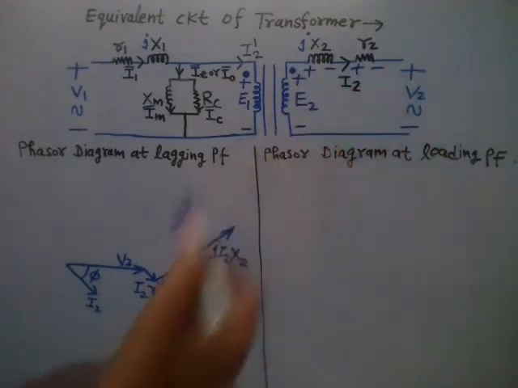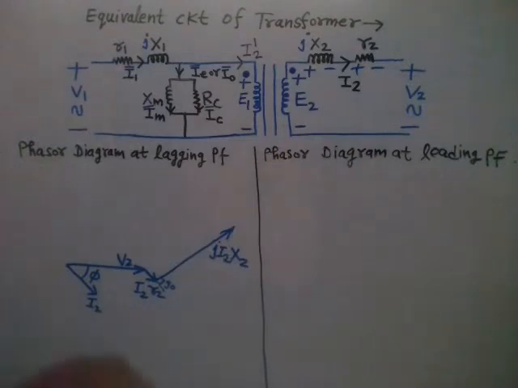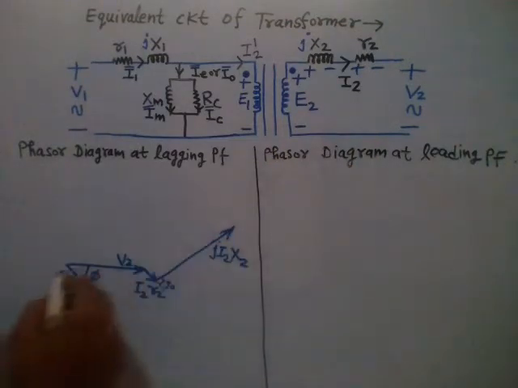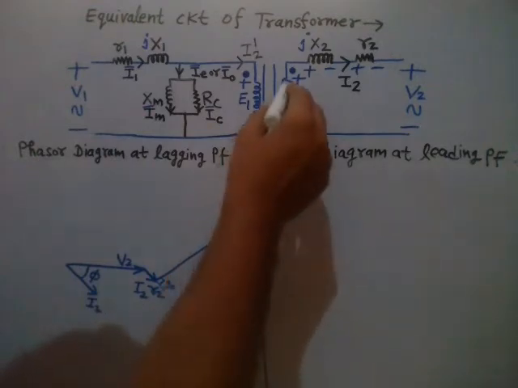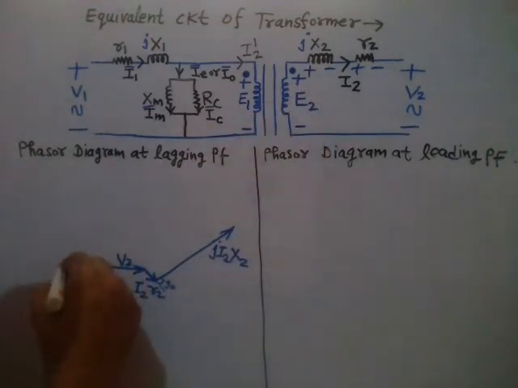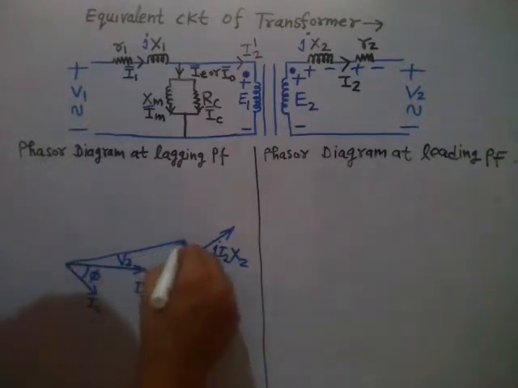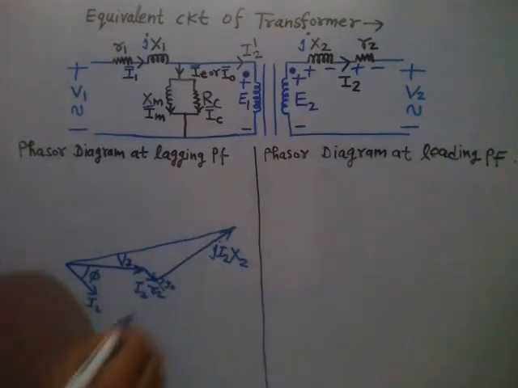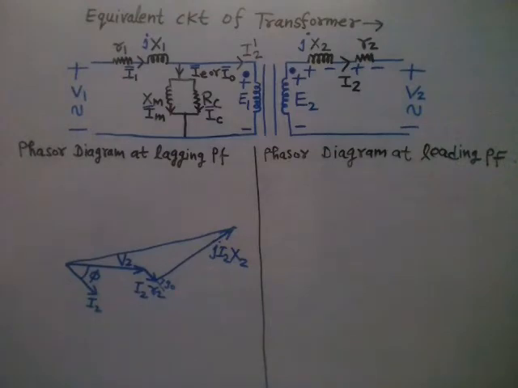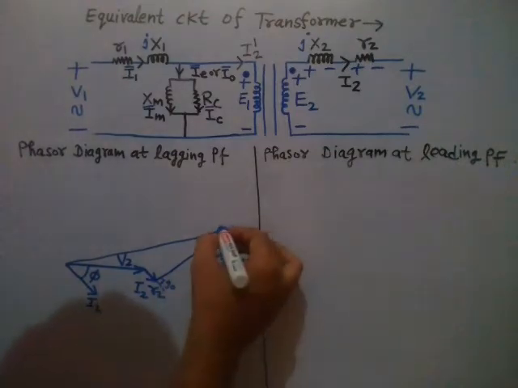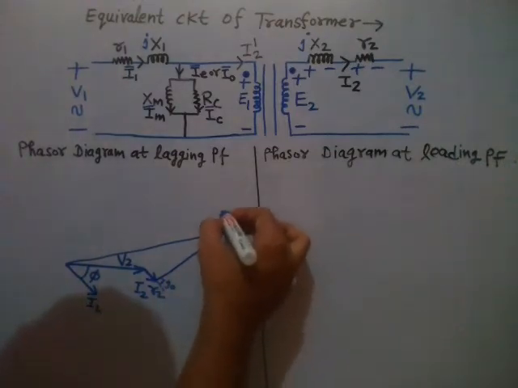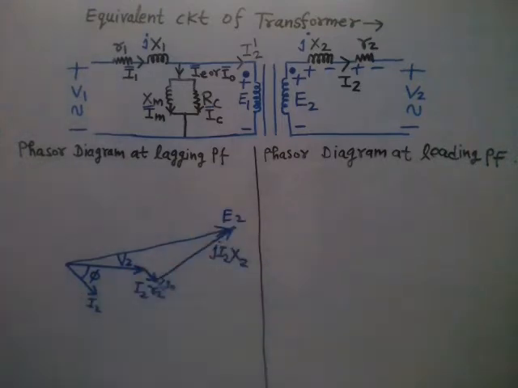Now E2, right? If you take the phasor sum of all these, you will get E2. So here, if you join like this, it will be the induced EMF E2, right?